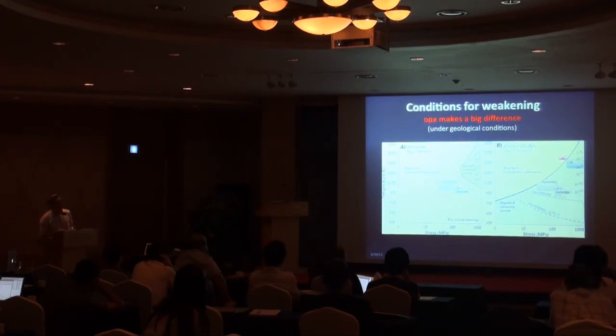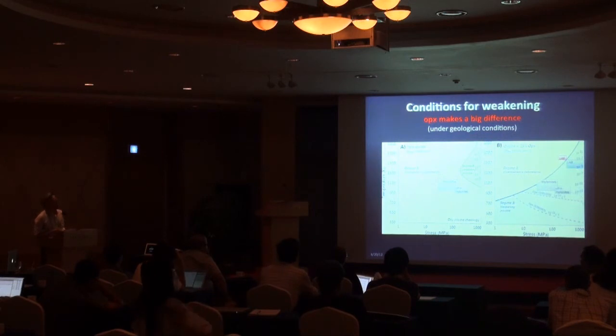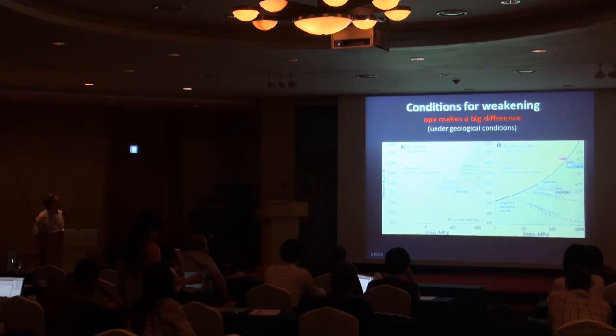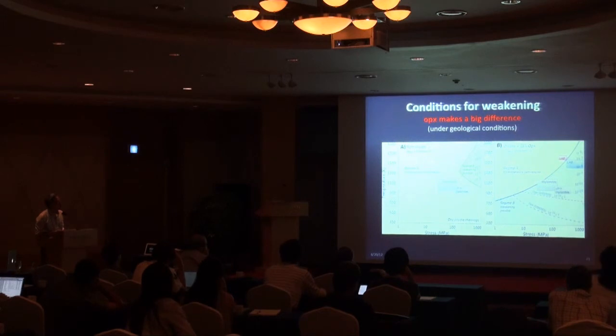However, if you add OPX, by which grain growth kinetics can be retarded, then the conditions where shear localization occurs expand a lot. If you compare this diagram with experimental results and natural samples, in experiments where OPX and olivine were mixed together under high temperature conditions, we didn't see any localization. Of course, this is consistent with this theory.